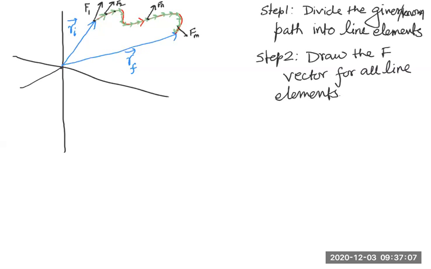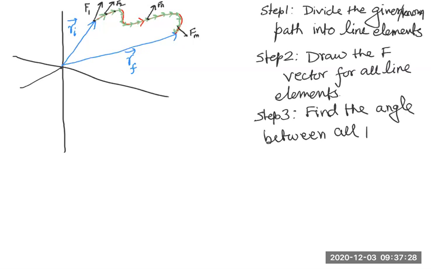So I have to draw the F vector for all the line elements, and then the third step is to find the angle between all F and dl vectors.